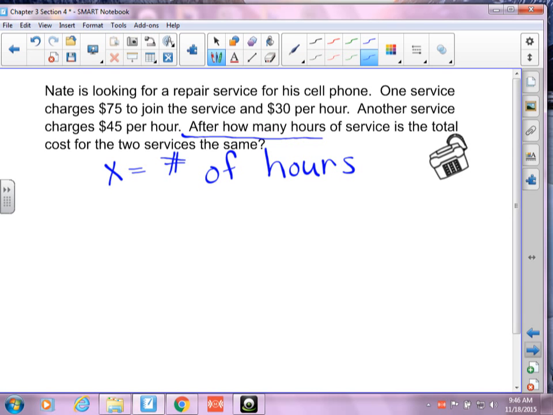Okay? All right, now what we need to do is we've got one service, right? Here's one type of service. And I want to see when they're equal to each other. So on the one side, we're going to start with the first service. So how would I represent this using algebra? $75 to join and $30 per hour.